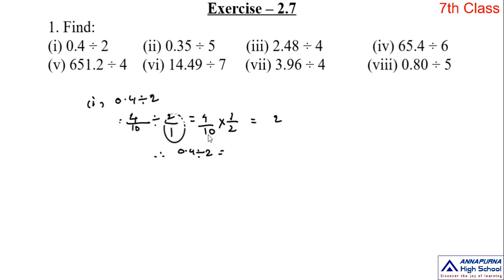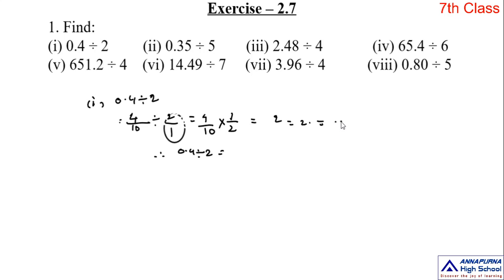Now in the denominator, what is the number we have? 10. We already learned that to divide any number by 10, we must move the decimal point towards the left as many digits as there are zeros over 1. Here there is one zero, so you should shift the decimal point towards the left by 1 digit. 2 is the same as 2.0, and the decimal point is here, so move it towards the left 1 digit.